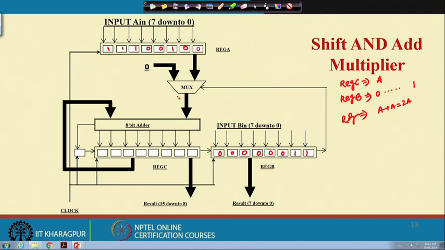Then again in the next step, what will be the register B value? If that is 0, then that 0 will come over here, and then again it will try to push this one, and then again it will come down to this.